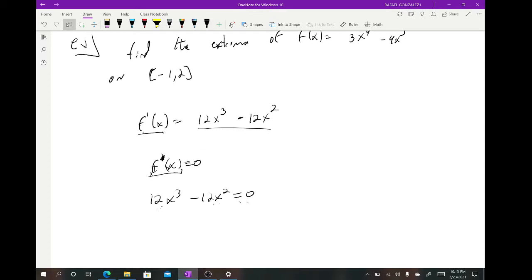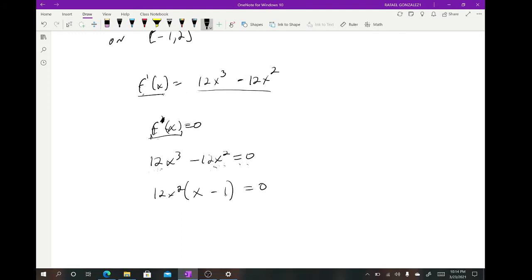Notice that we can factor. Both terms have 12s and x's, so we take out 12 and the biggest x exponent, x^2. So it's 12x^2 times (x - 1), and we simply have to figure out when this is equal to 0.